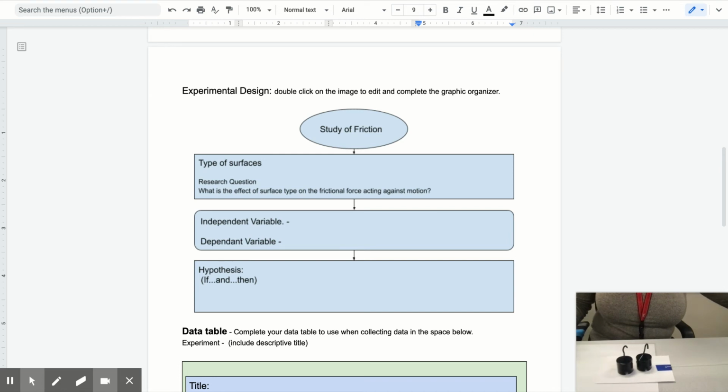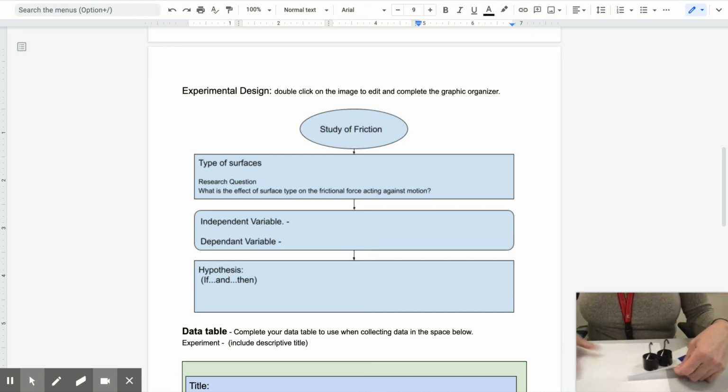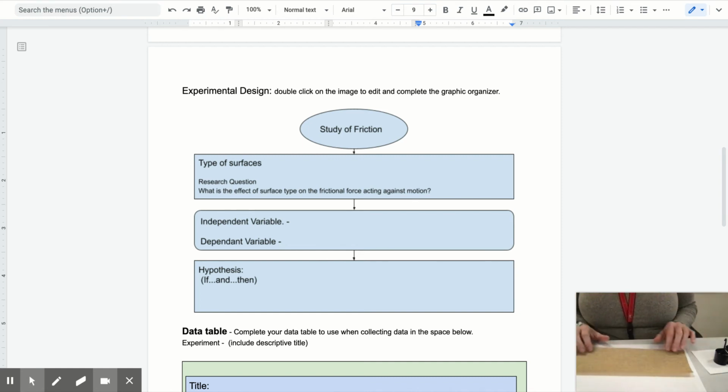Now, we have a couple of different surfaces that we'll be using. We have plain paper, we have a sheet protector, and then we also have some sandpaper.